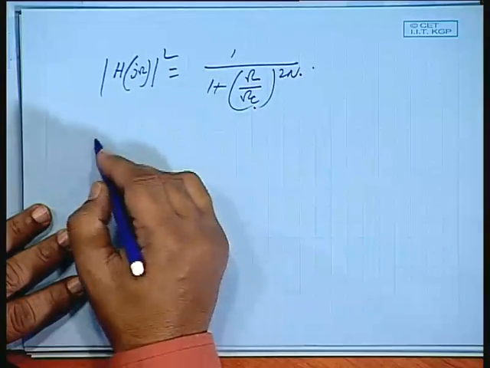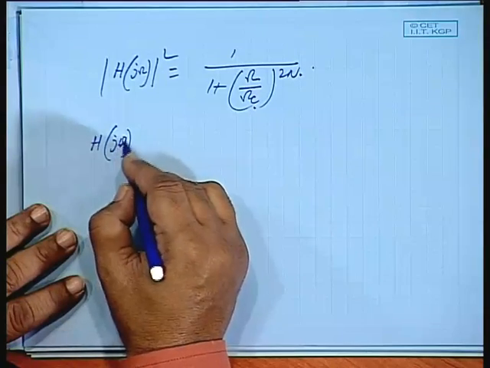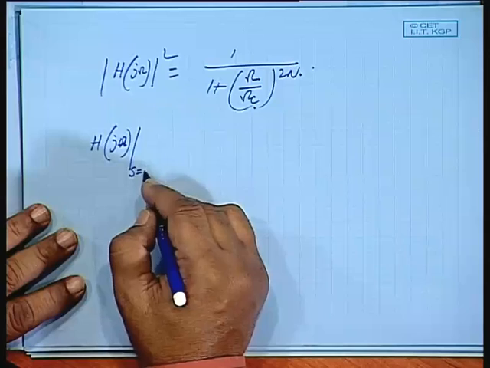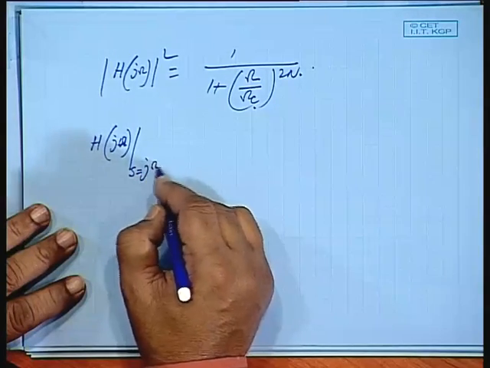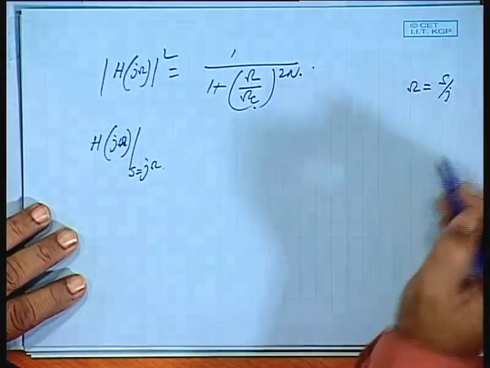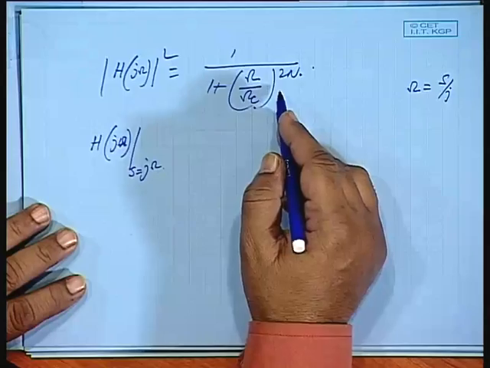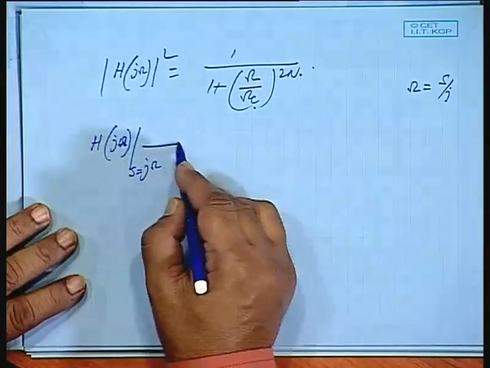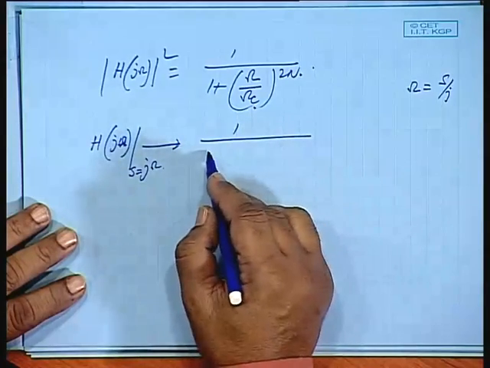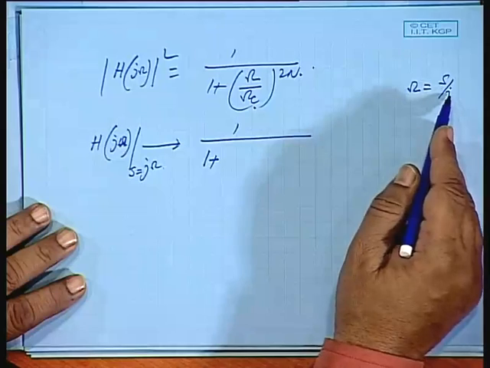Once you know these two, H of j omega at s equal to j omega, that means you make a substitution of omega equal to s by j.